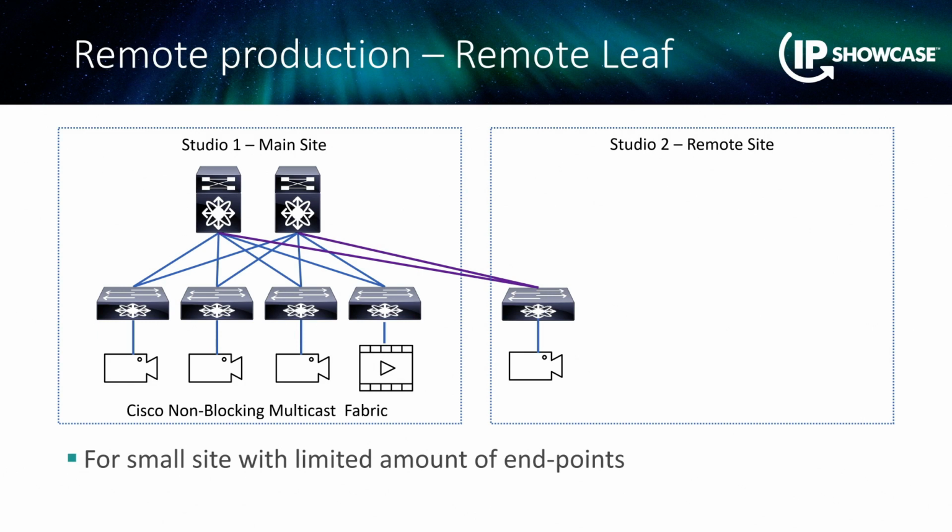So at no point will I be able to send more than those links can support from that remote leaf. Or if I'm attracting any kind of traffic to this leaf, I will never send too much traffic, so I don't oversubscribe this leaf. That's a benefit of it. Imagine that this is a TV station with a remote studio on the other part of town. For a very small remote studio, you'll be able to do something like this. That's the bandwidth management I mentioned earlier.